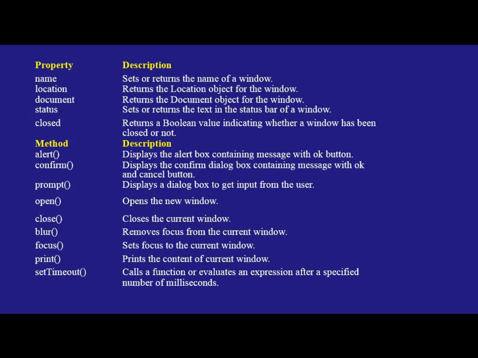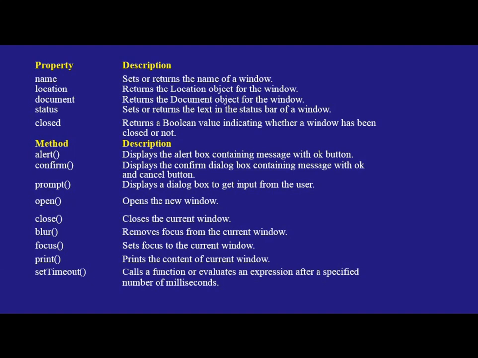Next, the status. It is used to set or return the text in the status bar of a window. The status you have written by using this property will be displayed on the status bar. Closed property. This property returns a boolean value indicating whether a window has been closed or not.